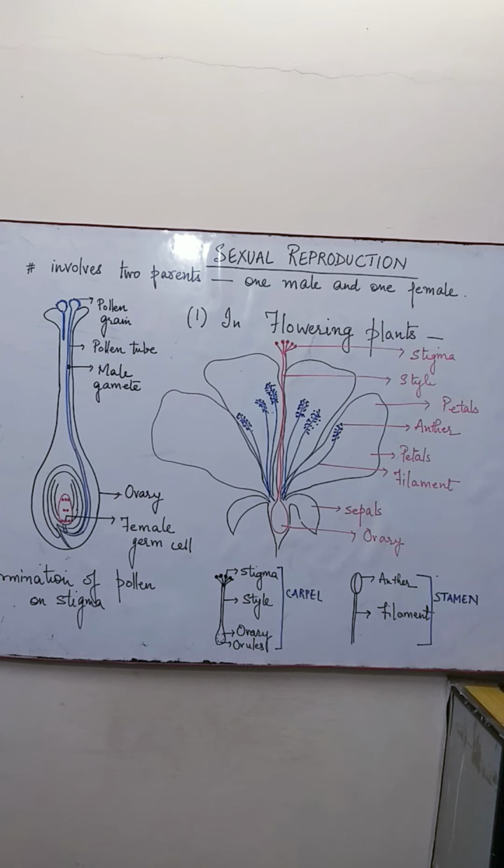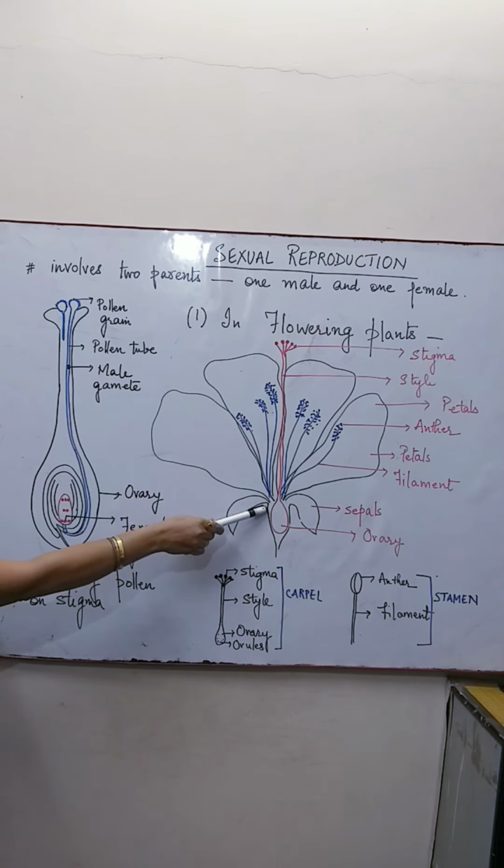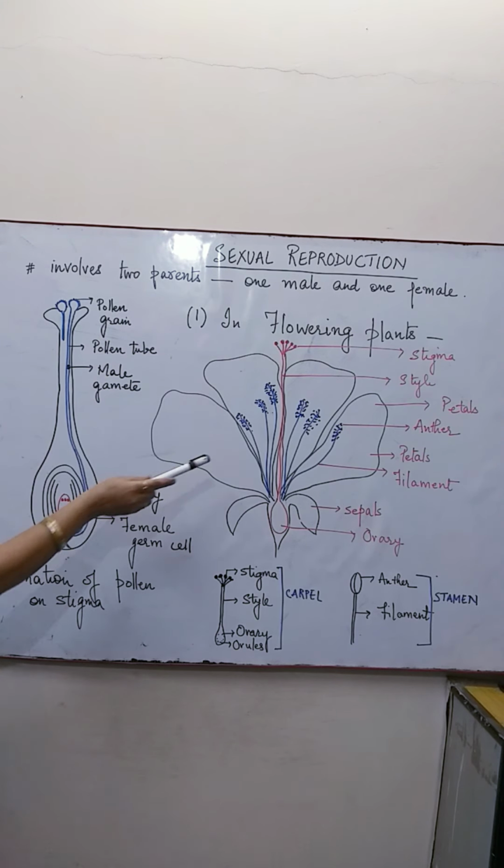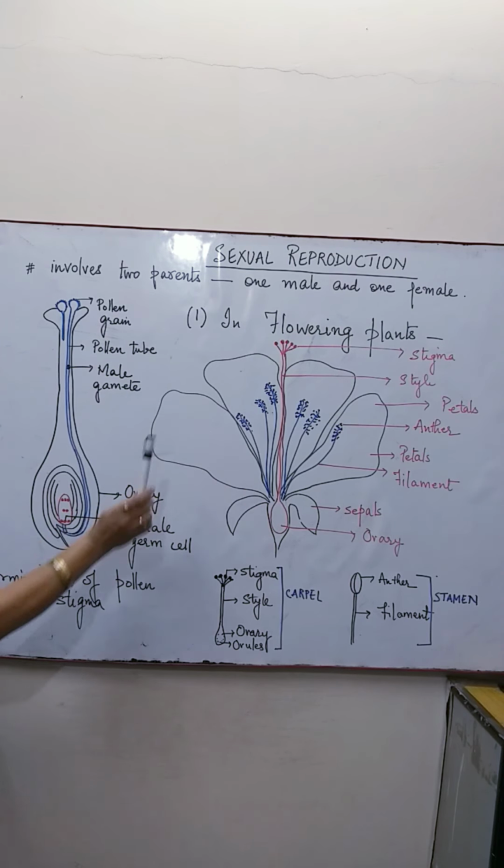Let us have a longitudinal section of the flower, that means we have cut it this way, and try to understand the structure. This is the swollen portion, the ovary, over here. The green leaves over there are known as sepals, and the brightly colored ones are the petals.